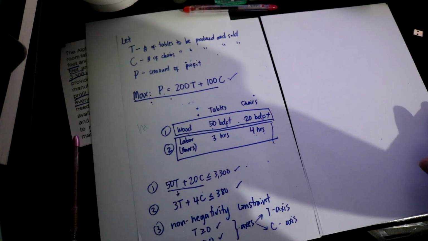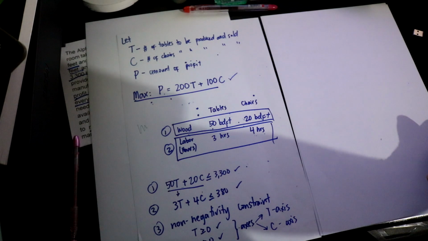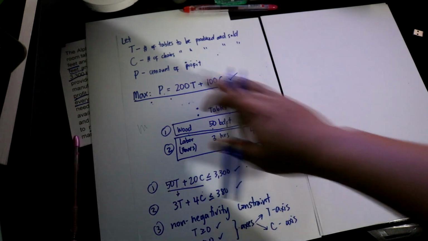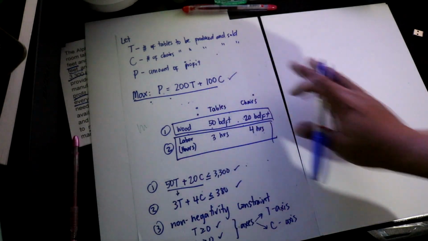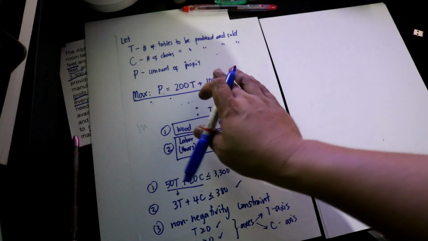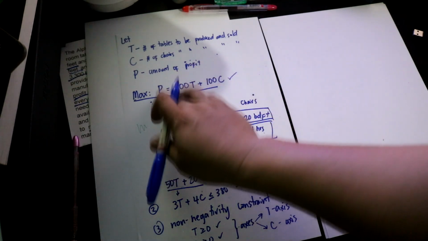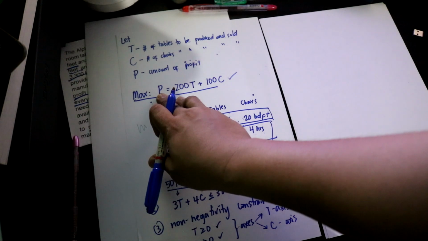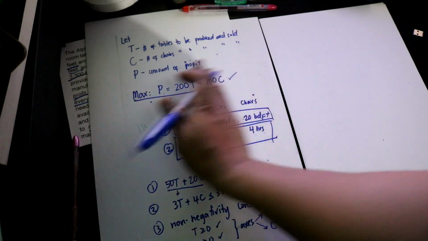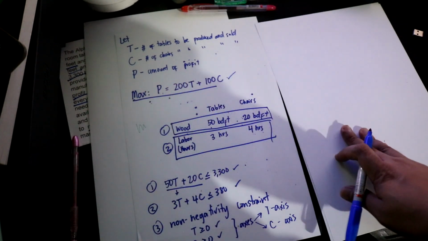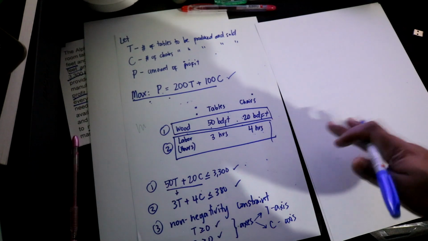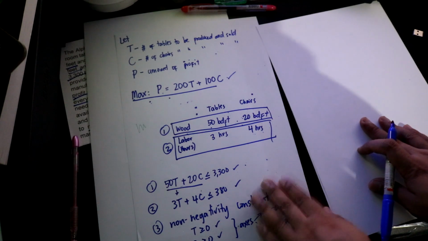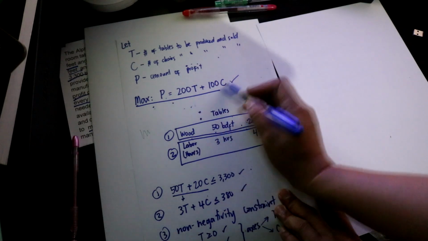So we are going to rename this objective function such that all terms including the profit variable will be on one side, and then on the other side there would be 0. So how are we going to do that? We just transpose this.